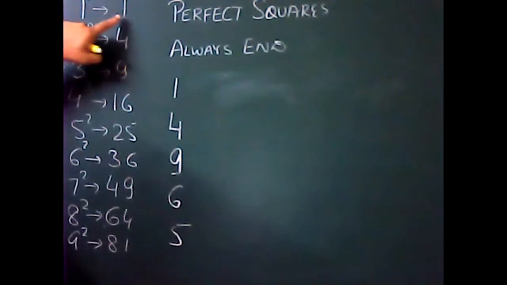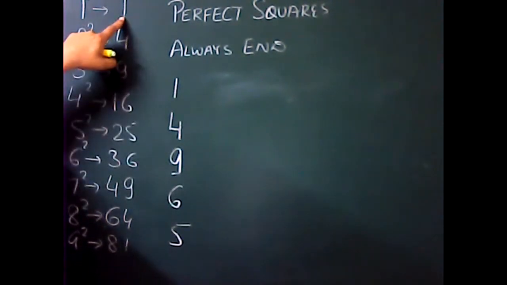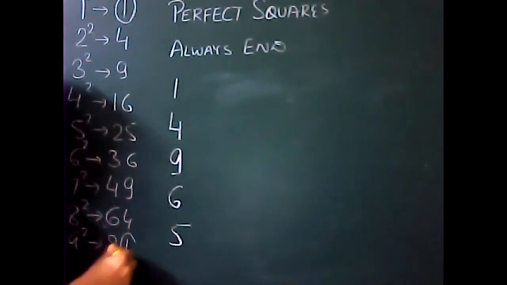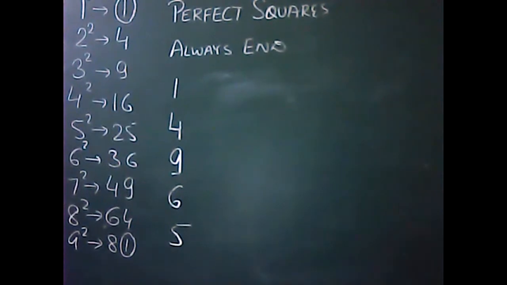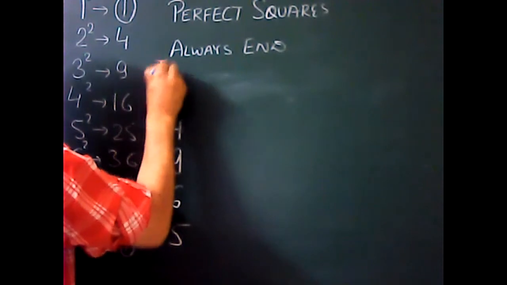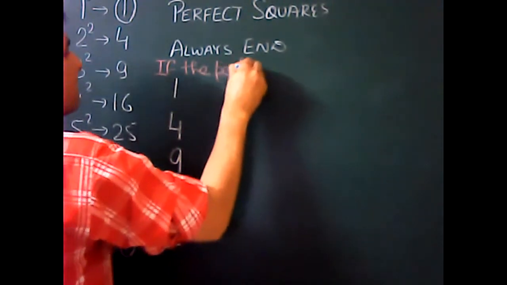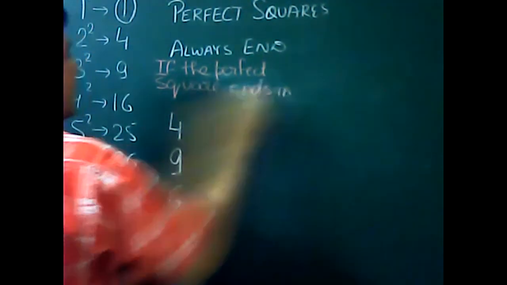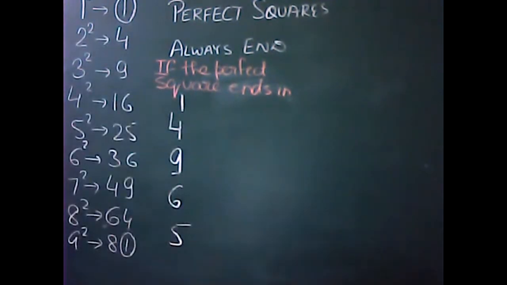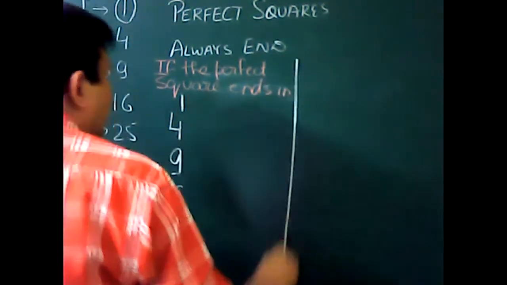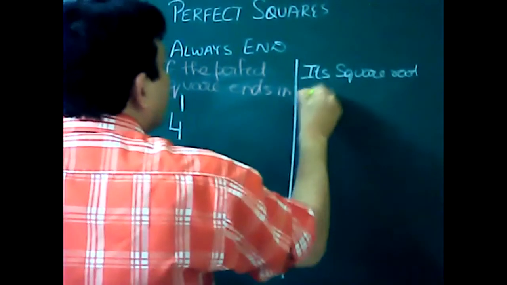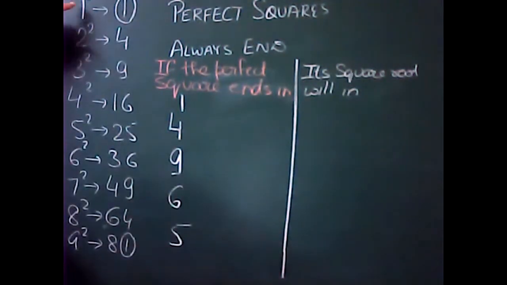You find that if the perfect square is ending in 1, here and here, I write: if the perfect square ends in 1, its square root will end in which number? 1 or 9.